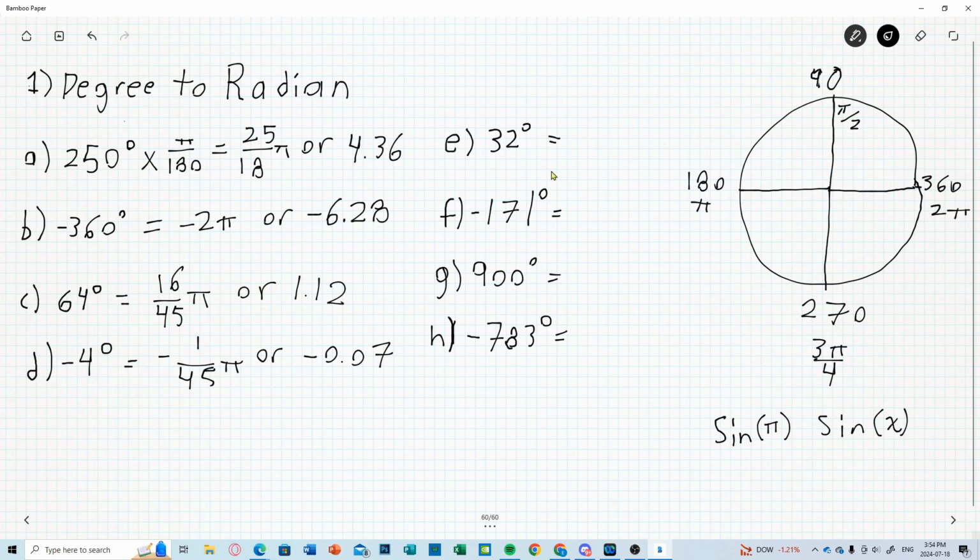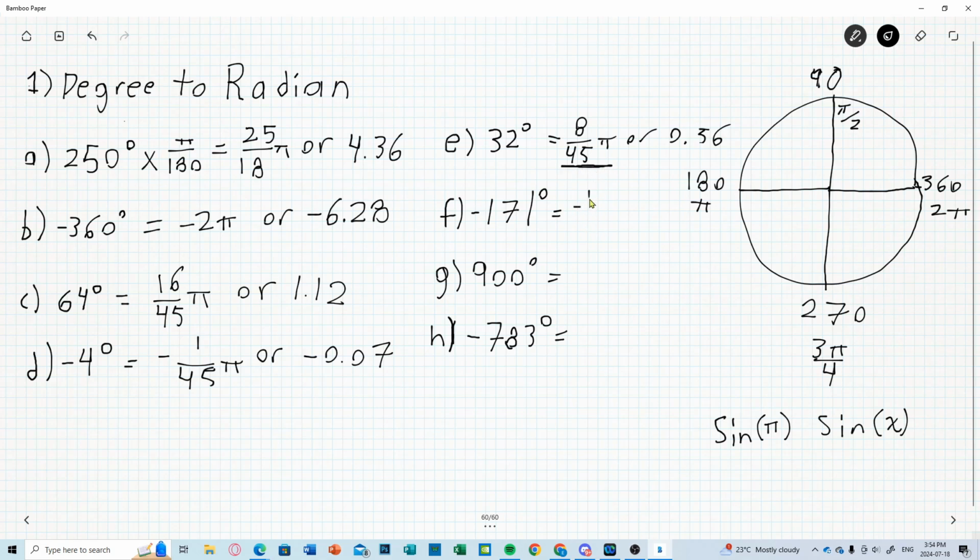So now we'll go back to question E, which is going to be 32 degrees, which we multiply by pi divided by 180 to give us 8 over 45 pi, or approximately 0.56. For this next one, we're going to go into the more proper and more accurate form, which will be a fraction multiplied by pi.